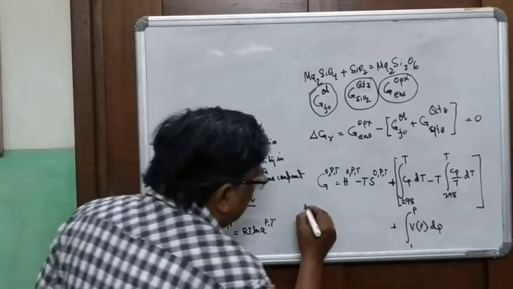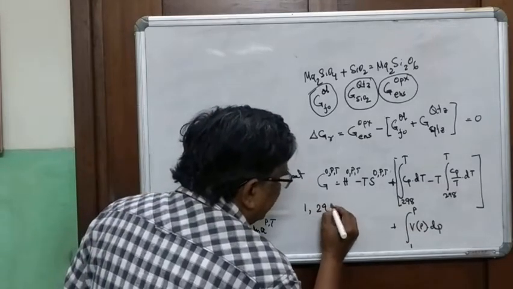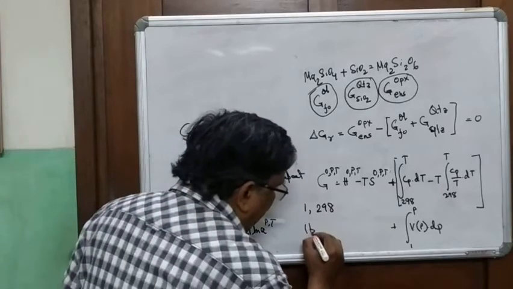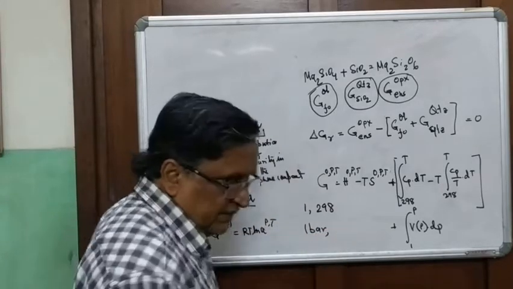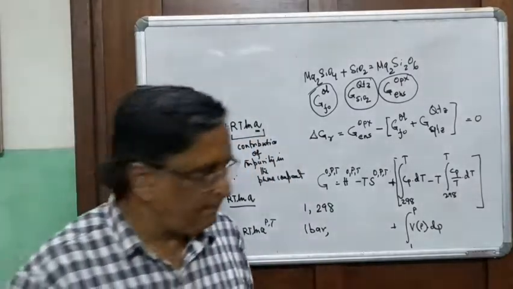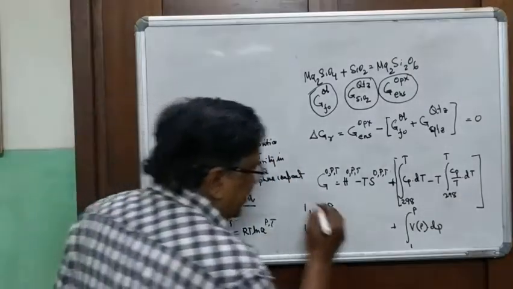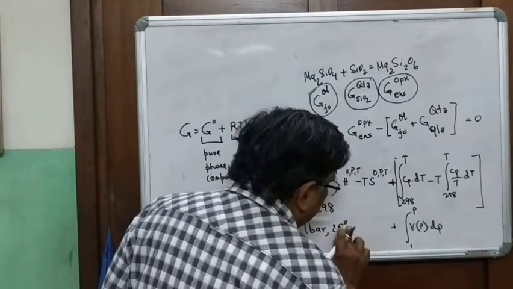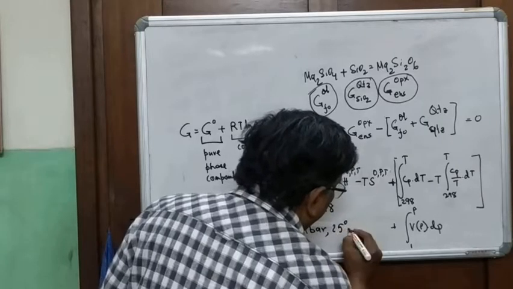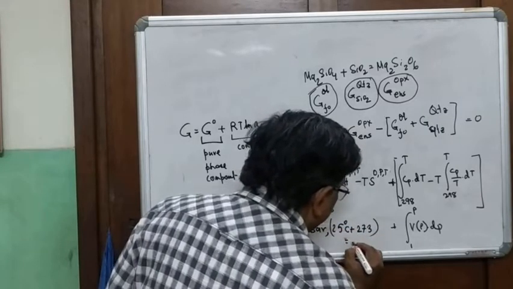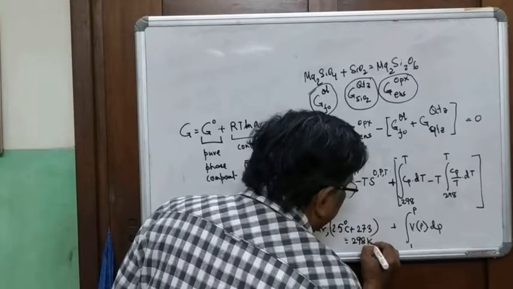Now what is this 1 and what is this 298? 1 is 1 bar, which is the surface pressure. It's also equal to 10 to the power of 5 pascals. And 298 is nothing but 25 degrees centigrade plus 273, so that is equal to 298 kelvins.